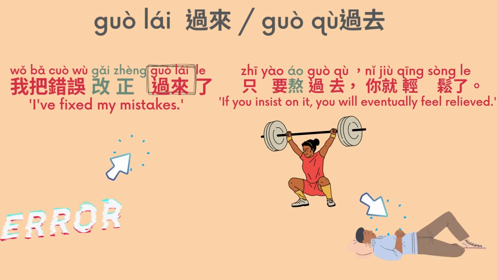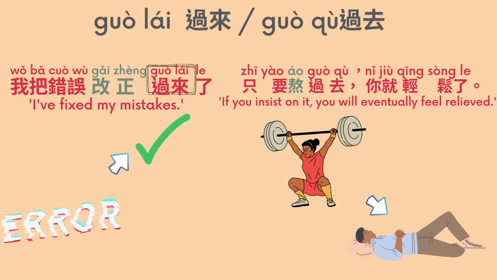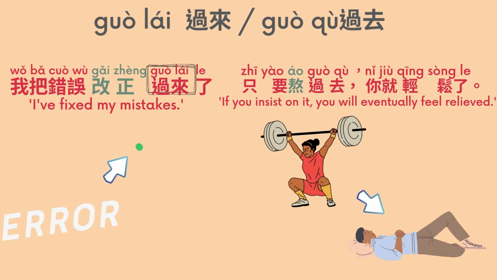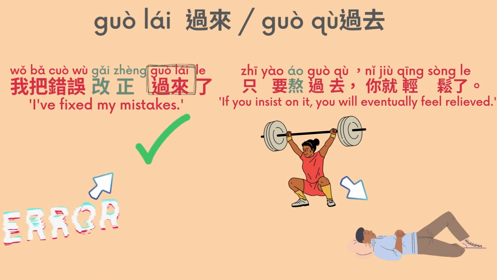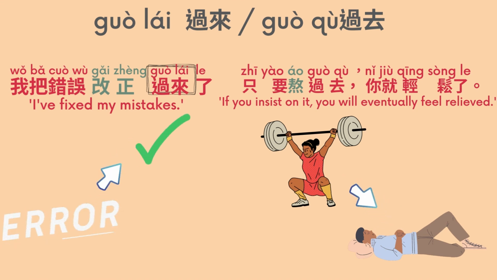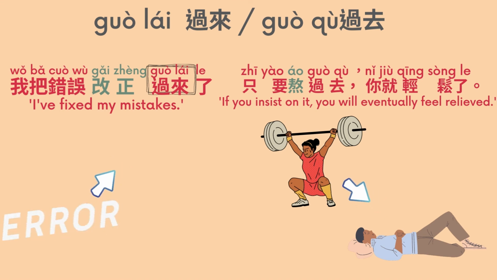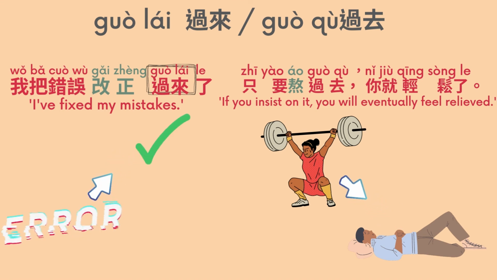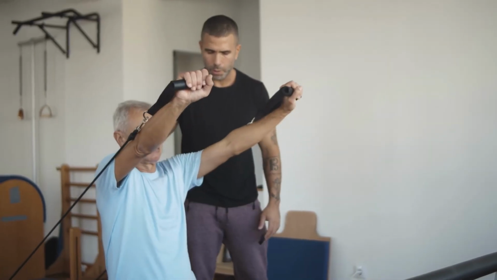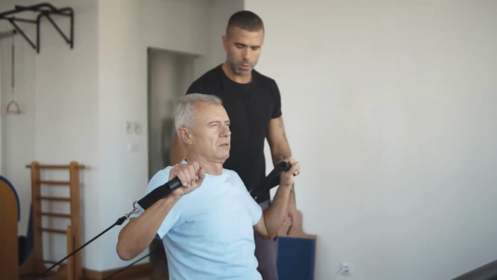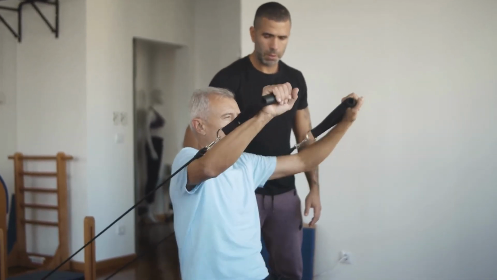One of the most common extended definitions of 过去 is someone who has overcome a difficult challenge or whose consciousness has shifted from existence to non-existence, very similar to 过来. For example, 只要熬过去，你就轻松了. If you insist on it, you will eventually feel relieved.